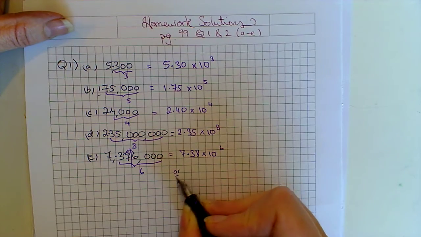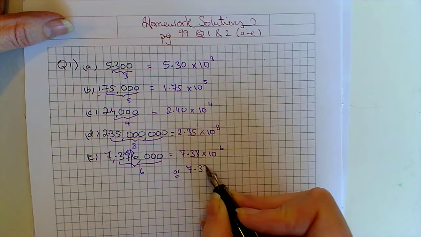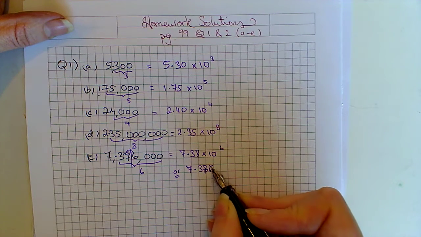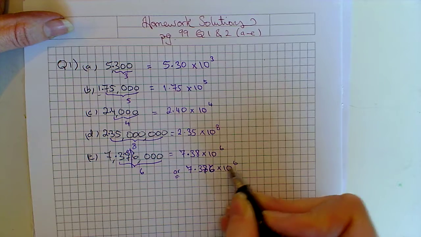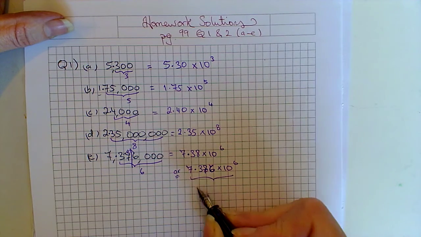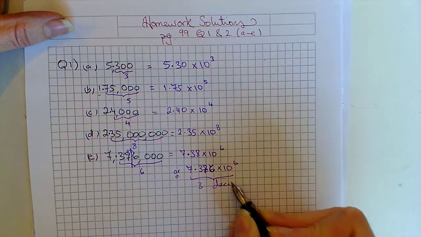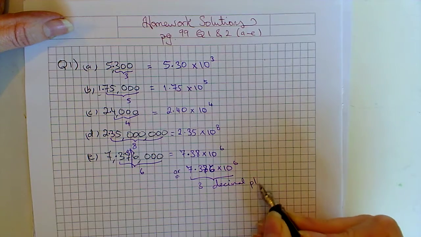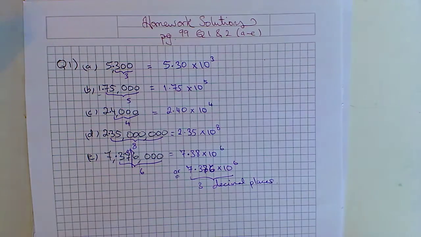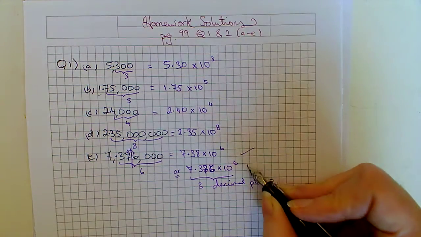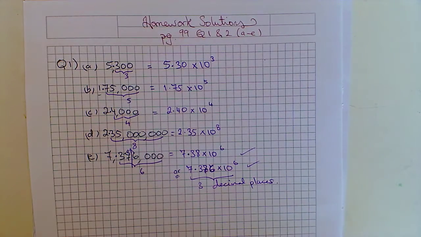Now, because they didn't specify, this is also correct. 7.376 by 10 to the power of 6. And that's 3 decimal places. So exactly the same thing, but to 3 decimal places instead. Both are correct. The question didn't specify how many decimal places, but you'll always get your marks if you go to 2 decimal places.